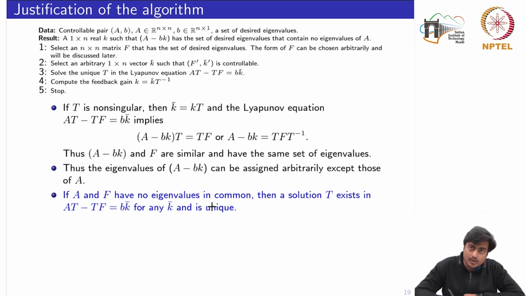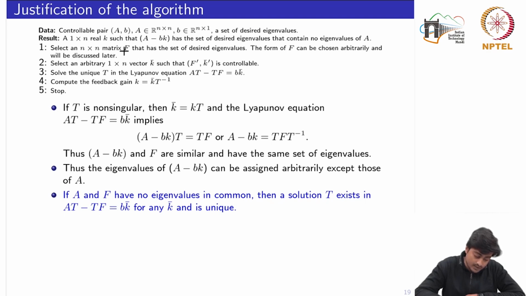This is the most important point here, which we would formulate into a result, and we will see the proof of this as well. Because the most important thing in all these 4 steps is that we solve for the unique T, so we should first know, as a preliminary step, whether that T exists or not.